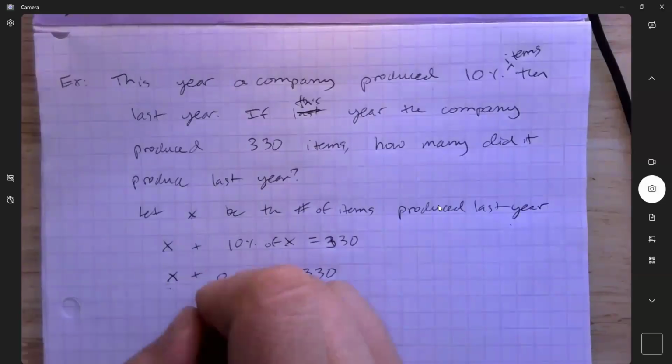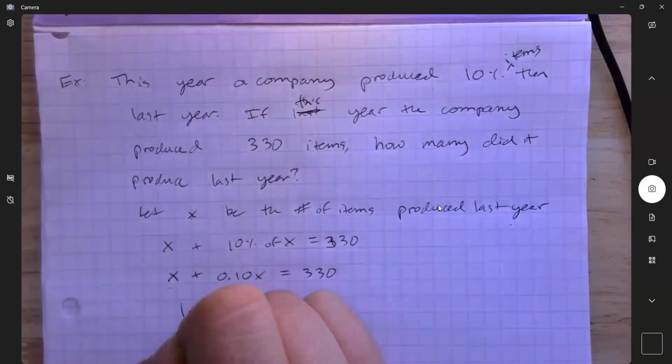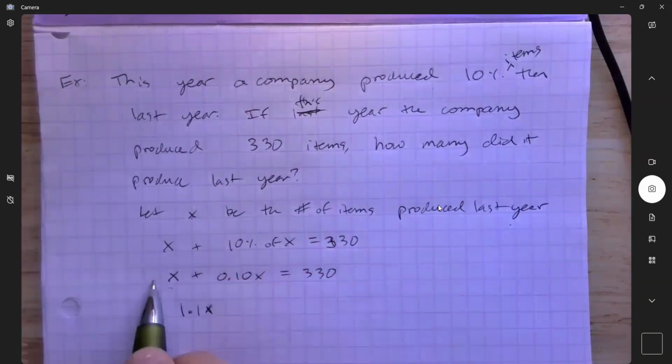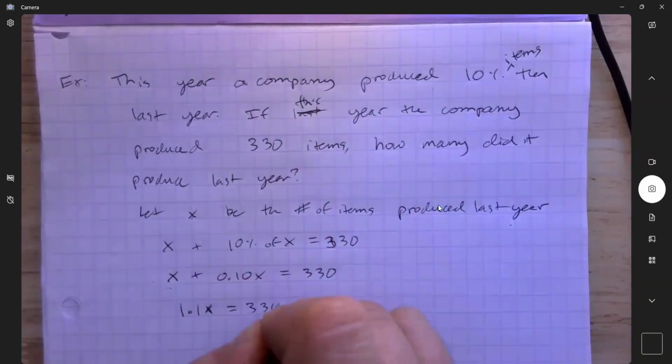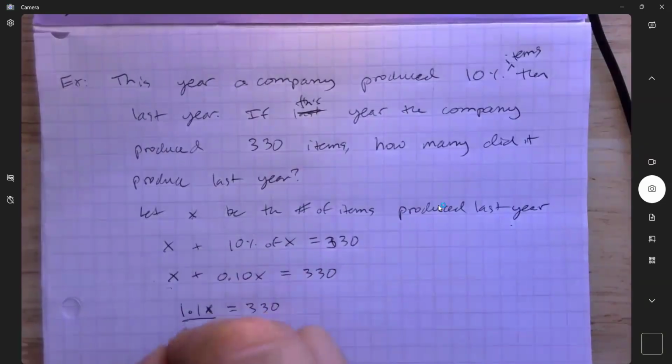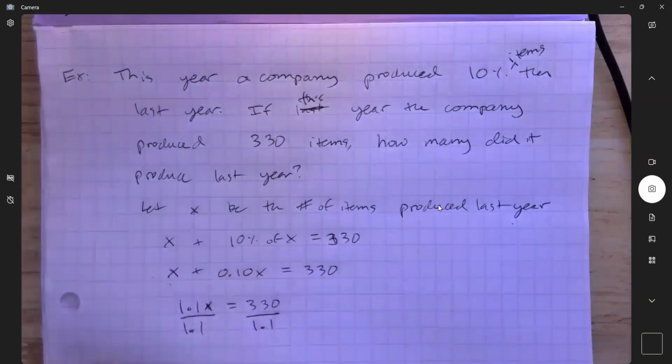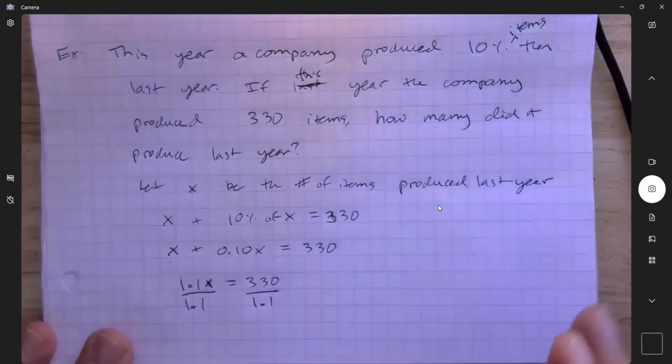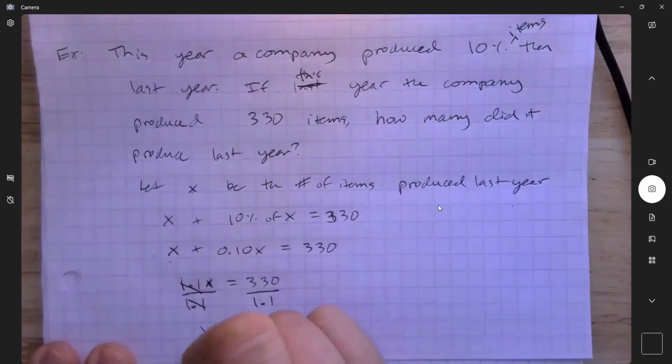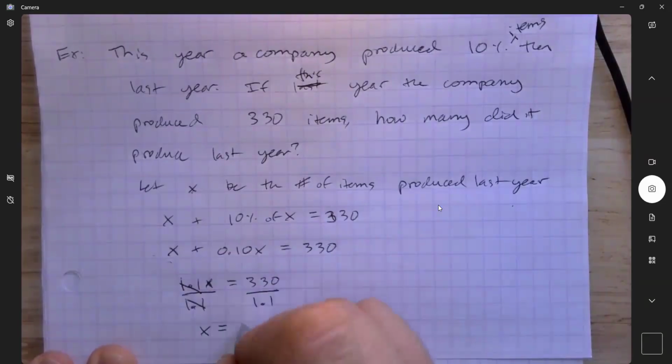So I'll add those two numbers together and we get 1.1x, because 1 plus 0.1 is 1.1, equals 330. And then we divide both sides by 1.1, and we get x equals, let me go to my calculator. And when I do that, I get x equals 300 items.